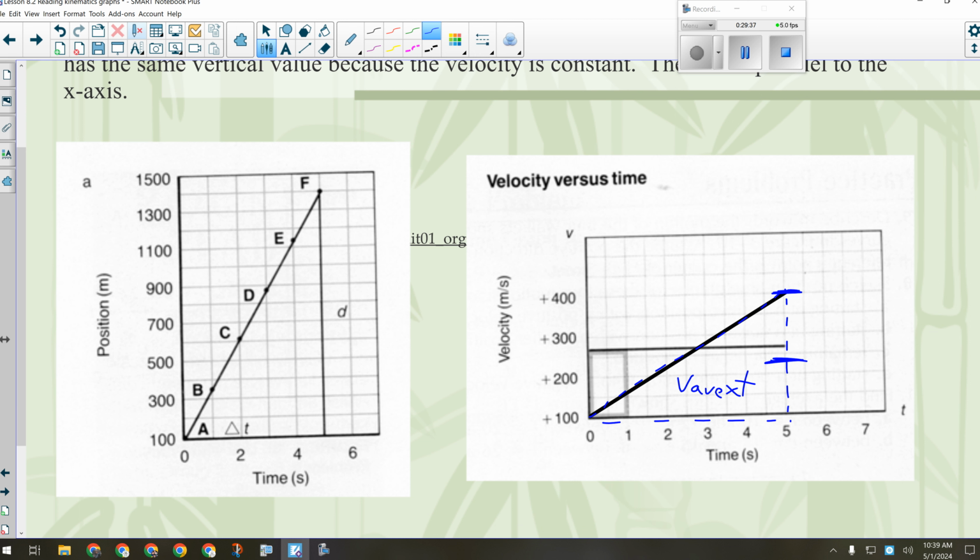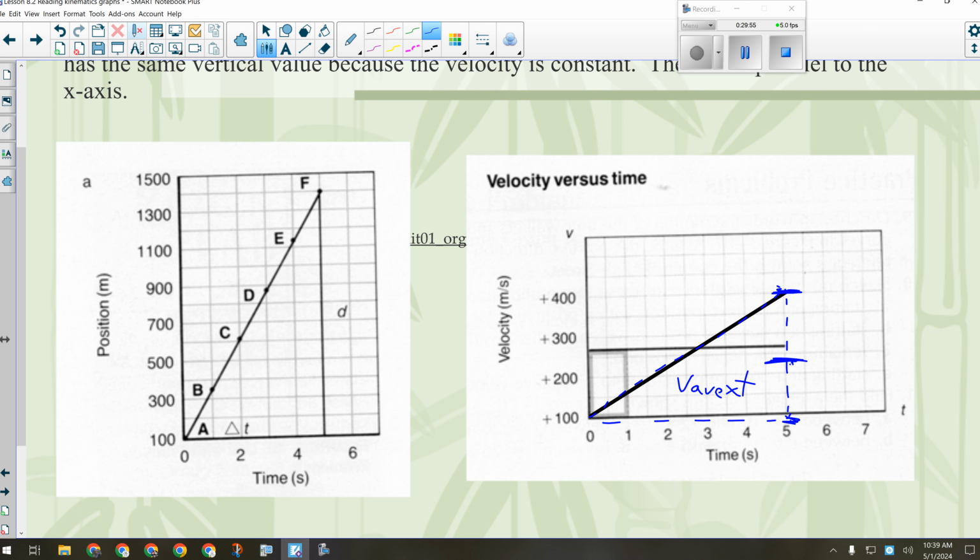Absolutely would, because I'm accelerating uniformly from this velocity to this velocity. So for half of this, I'm going slower than that number. For half of this, I'm going faster than that number. That's absolutely my average velocity.